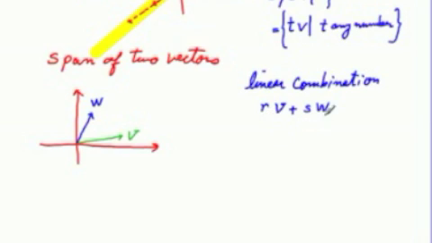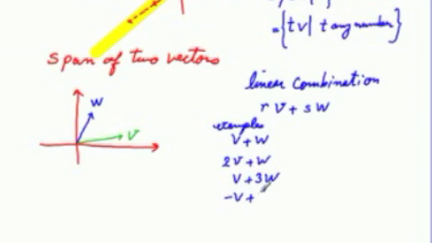This is an example of a linear combination. For example, v plus w itself is a linear combination. Okay, so here are some examples of linear combination. V plus w is just a nice linear combination. If you take 2v plus w, that's a combination. If you take v plus 3w, that is a linear combination. Minus v plus 5w, that's a linear combination. Perhaps you just pick v and 0 w's.